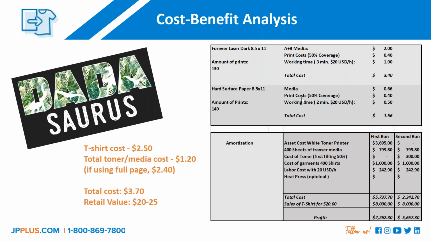Up there, I just have the cost benefit analysis of what it would cost for the 2-step garment paper, some hard surface paper, and then also what it's going to cost for your first run once you purchase your printer. And then your second run, you have that full printer already paid off, and then you've got a profit down there at the bottom. I think it's super helpful to look at that and to see what the real cost of that equipment is going to be.